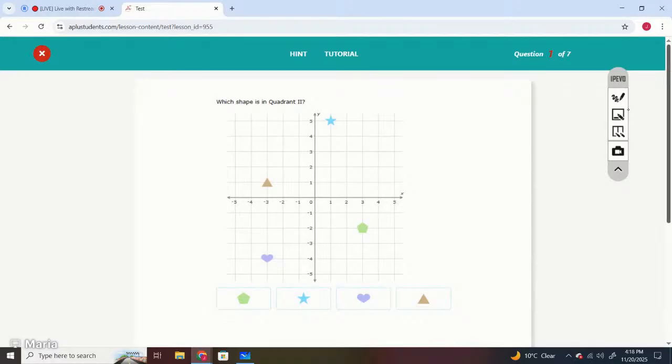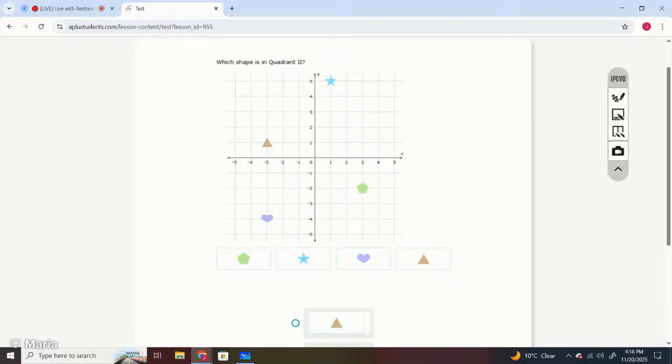Which shape is in quadrant 2? This is the first quadrant, this is the second quadrant. So in the second quadrant, we have the star. So option number 1 is the correct option.